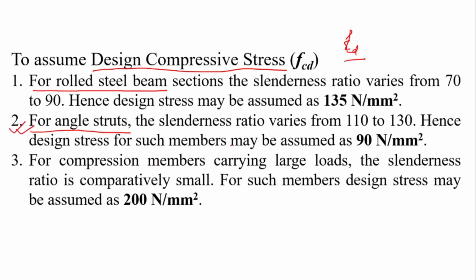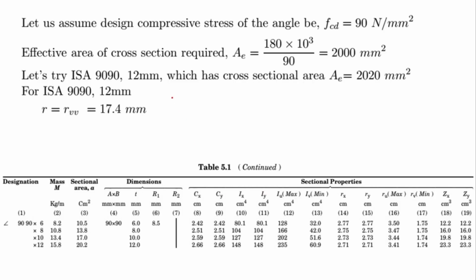For angle strut, the slenderness ratio varies from 110 to 130. Hence, design stress for such members may be assumed as 90 N/mm². So as we are going to design the angle strut, we assume design compressive stress as 90 N/mm², that is fcd is 90.